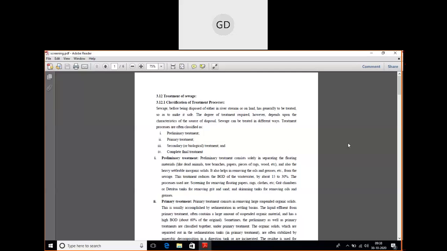The treatment reactors in which this organic matter is decomposed by aerobic bacteria are known as aerobic biological units. The secondary treatment also consists of filters, which you will also find under the names intermittent sand filters or trickling filters. We will discuss all this later.